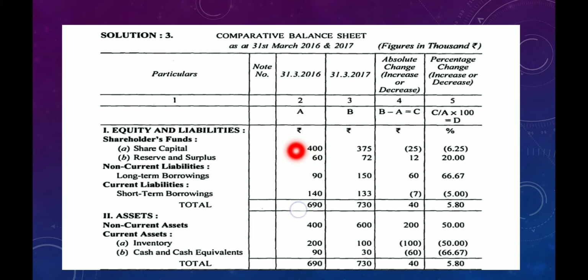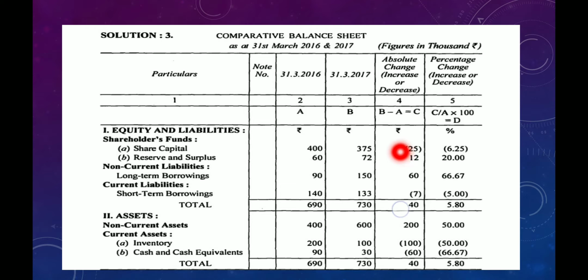First of all, there is share capital. The previous year data is 400 and the current year data is 375. So there is a negative difference. How can you find it? B minus A, that is 375 minus 400, that is minus 25.